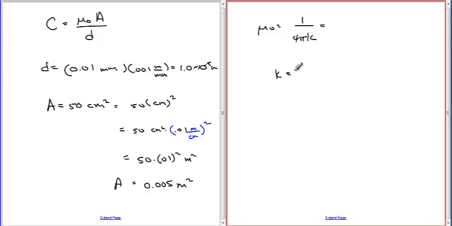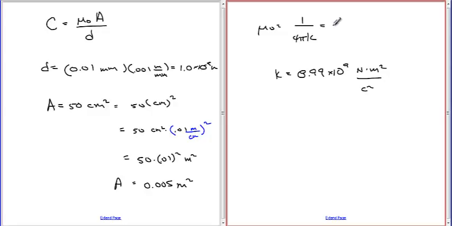So Coulomb's constant is, use this value in your calculations, 8.99 times 10 to the 9th, and the units are newton meters squared per coulomb squared. Epsilon 0, which is 1 over 4 pi k, and you don't have to go through the calculation.